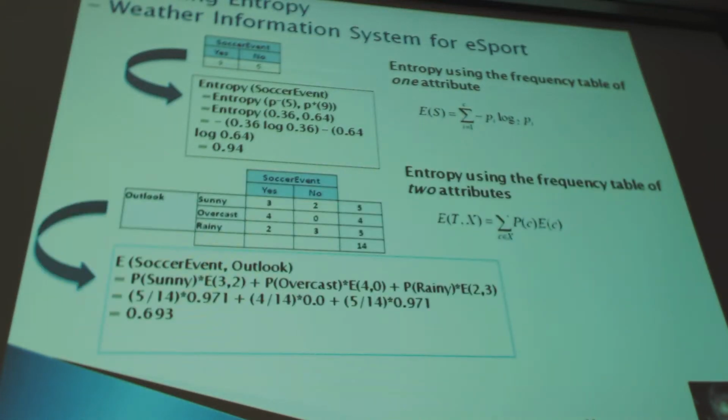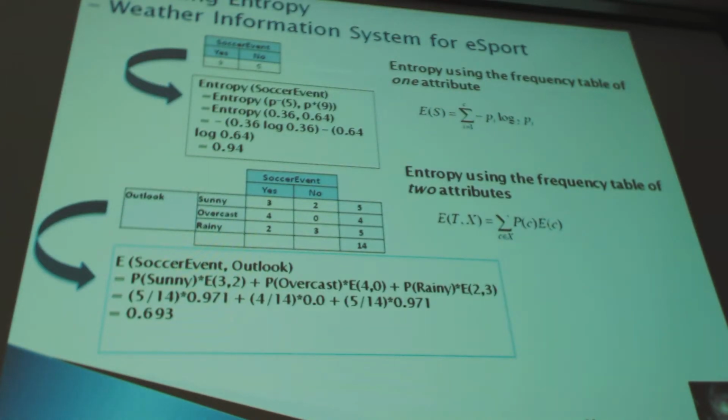That was just one attribute. If you have another attribute like outlook, which has the values sunny, overcast, and rainy, what will be the entropy of soccer event outlook?